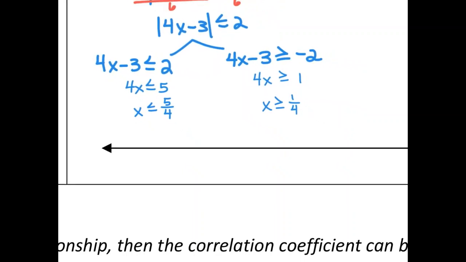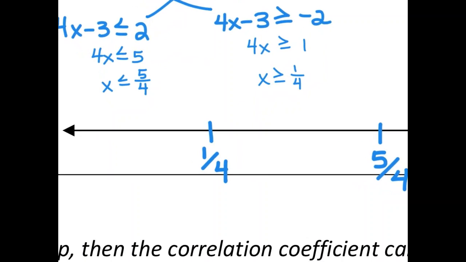So when you graph this, 1/4 is smaller than 5/4, and so it goes to the left. Both of the less than and greater than have the closed or the equal sign with it, and so you want to use a closed circle to indicate that 1/4 and 5/4 are included in what we're graphing.